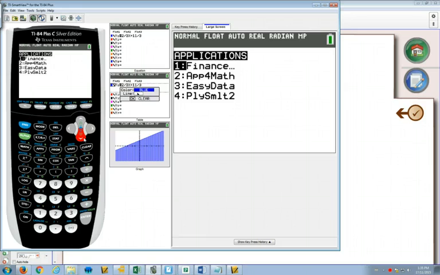Now, some of you in your graphing calculator, if you go to the apps button, see if your calculator has the program called inequalities. Yep.